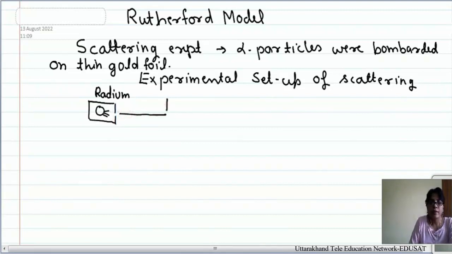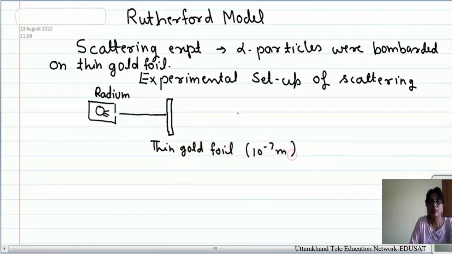And there will be a scatterer or the target, which is the thin gold foil of thickness 10 to the power minus 7 meter, very thin gold foil, and this is the incident alpha particle. On the other side there is a screen.